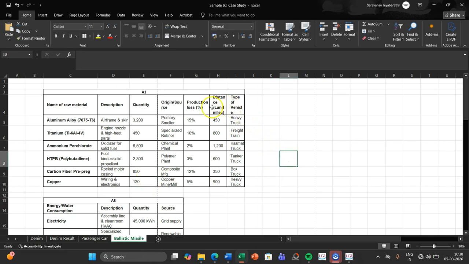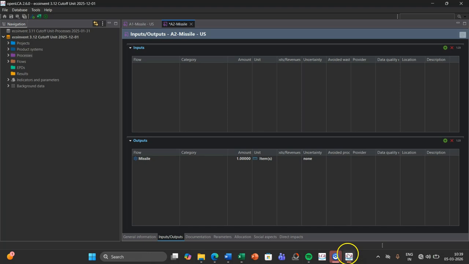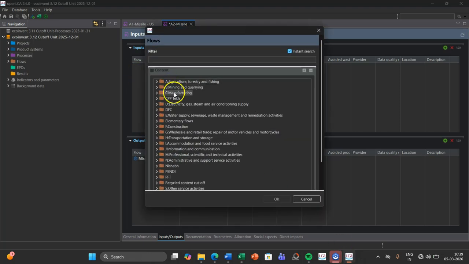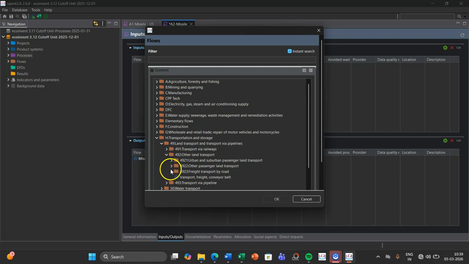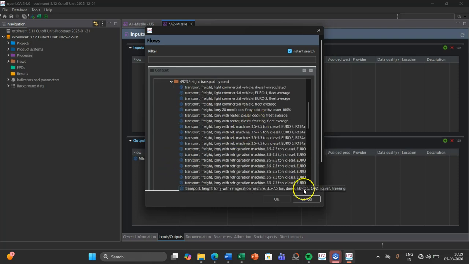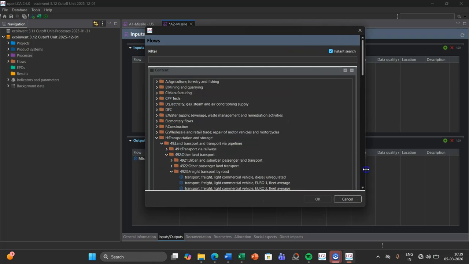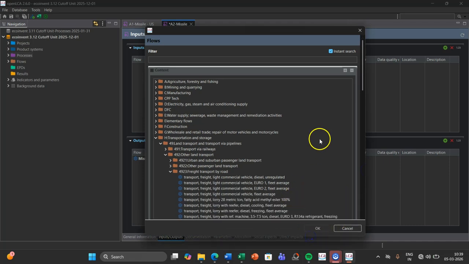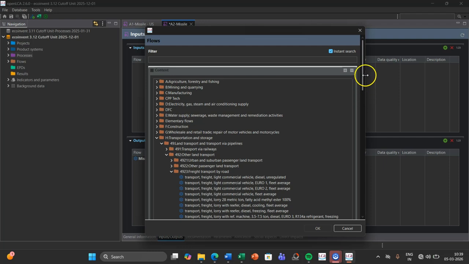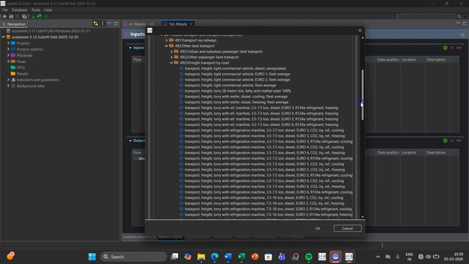Okay, so the land miles. Okay, mile kg. Let us see whether we have mile kg. Land transport. Okay, freight. Okay, freight by road. So you should understand the freight that we are going to use shall be US specific.